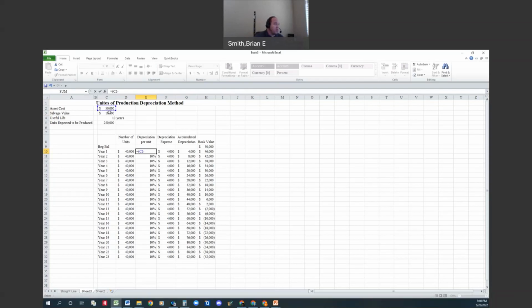So we're going to take our cost minus salvage value and divide that by our expected number of units. My apologies. Okay. Technically, this isn't a percent anymore. It's cents. And so we're going to just change the format on all of these.